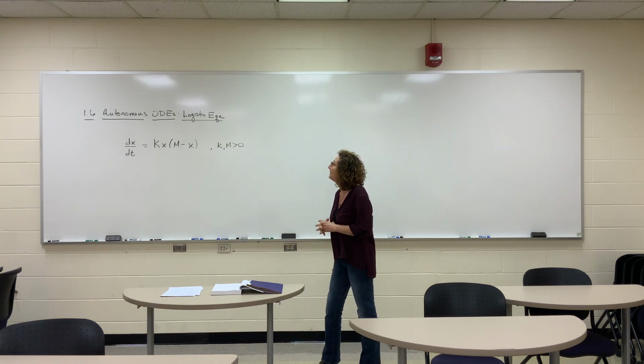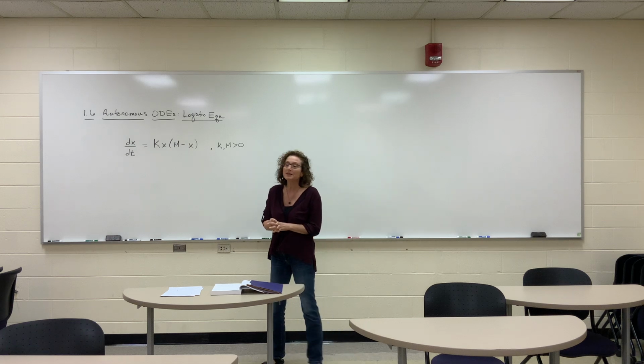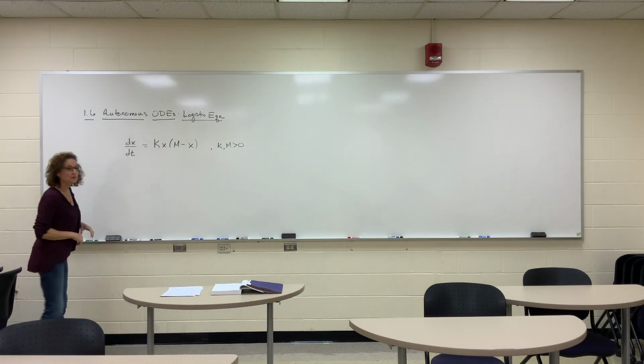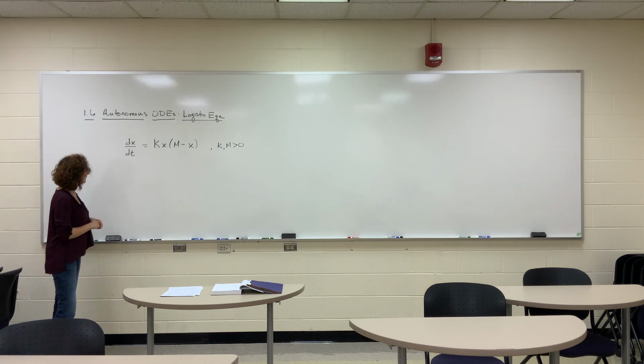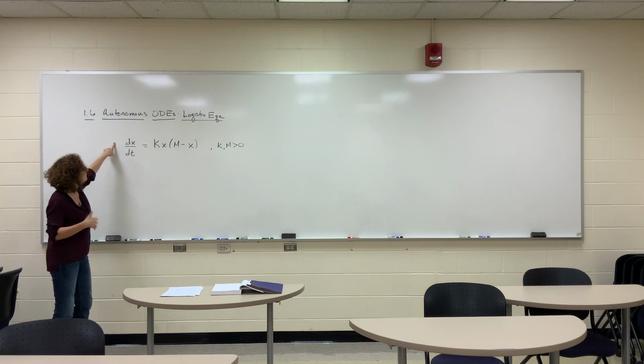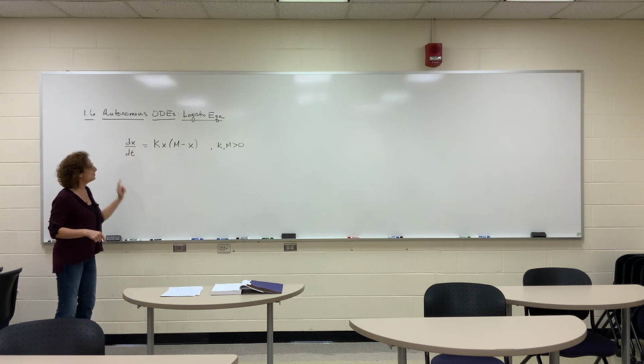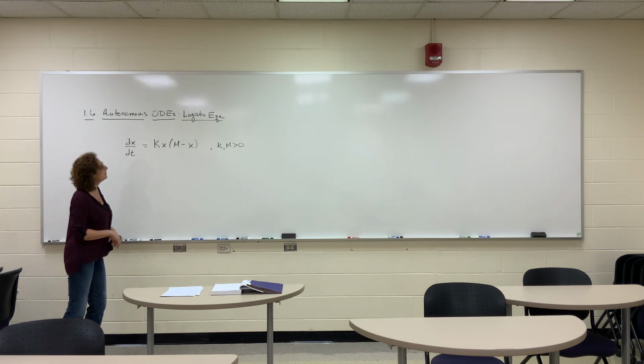We're going to look at the logistic equation in a little more detail. A particular autonomous first order ODE, right? What do we know here? We could write the dx/dt as x prime. I wrote it out to explicitly show the independent variable is t, and the dependent variable x of t is our unknown function.